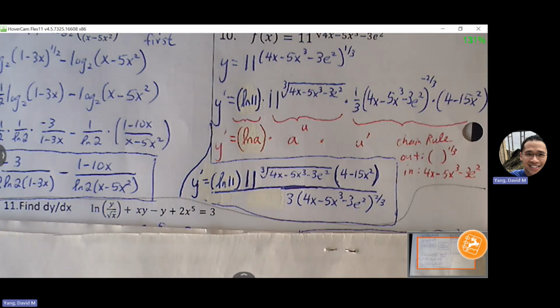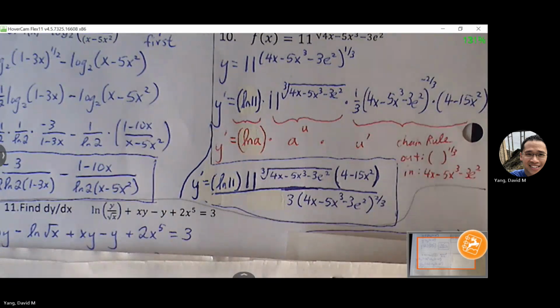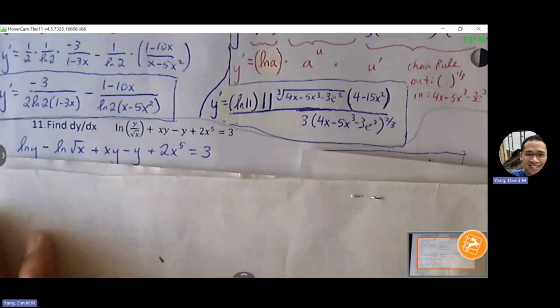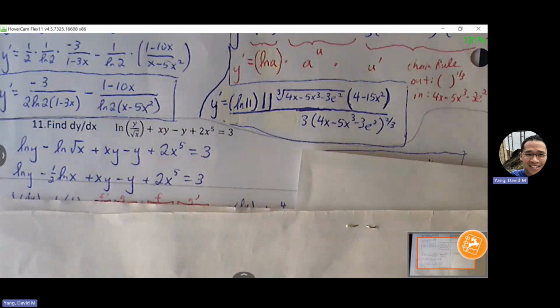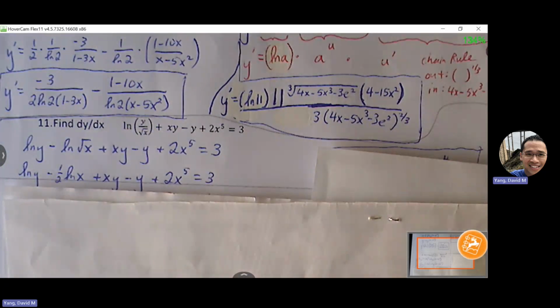There's implicit, something else. Product rule, right? You see that x, y, that's product rule there. f prime g plus f g prime. Okay, but first let's expand, get the first terms to be a little cleaner to work with.